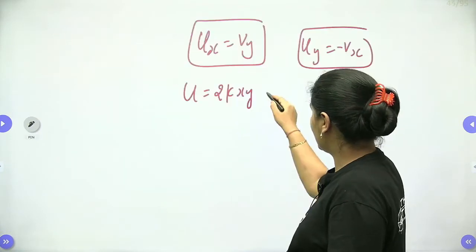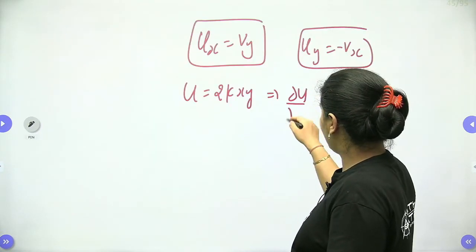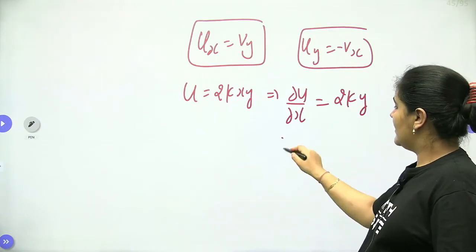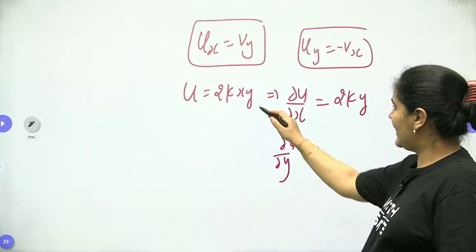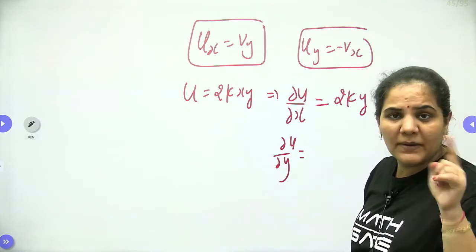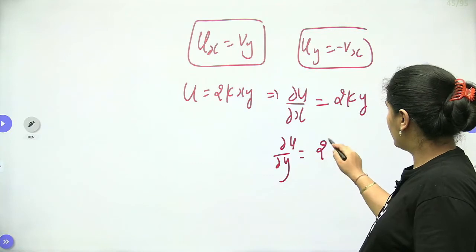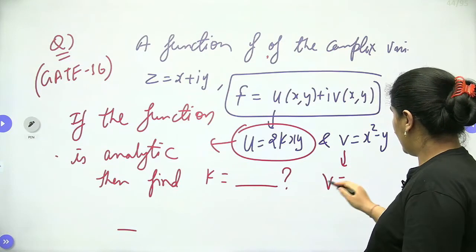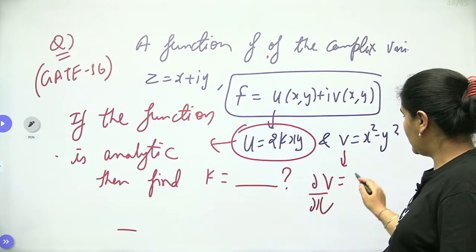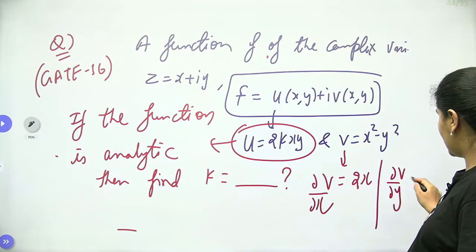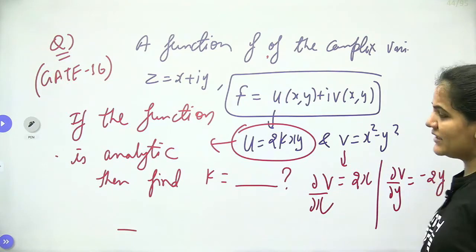When we find del u by del x, it will be 2ky. The partial differentiation of u with respect to y will be 2kx. We have v also. Differentiating it with respect to x gives 2x, and with respect to y gives minus 2y.